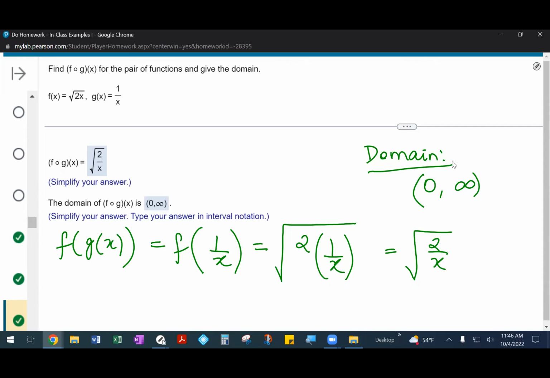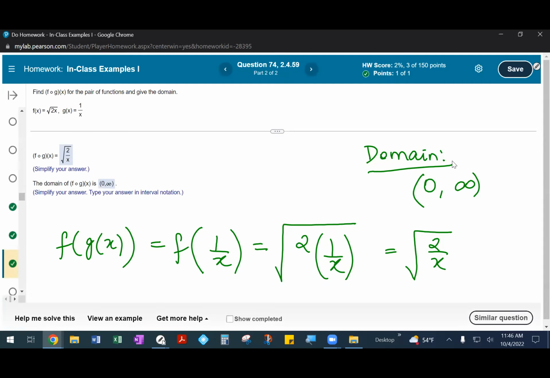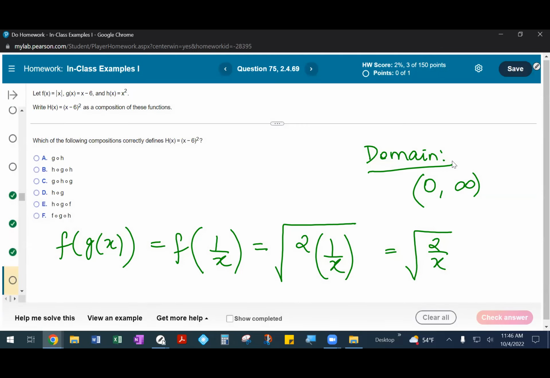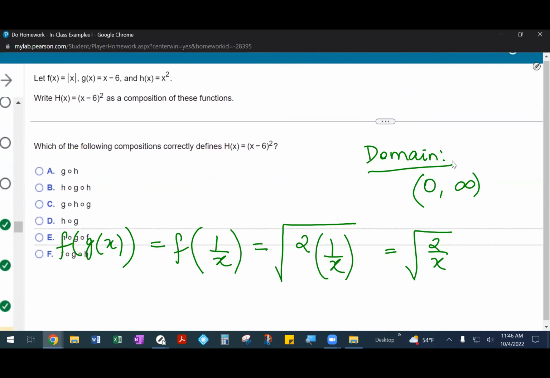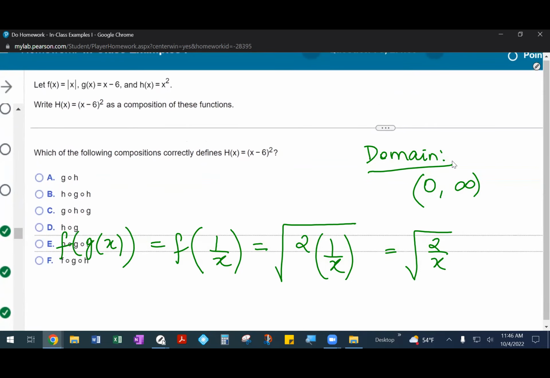All right, guys, let's see. What do we have next? Okay. So here, they're defining the individual functions f, g, and h.